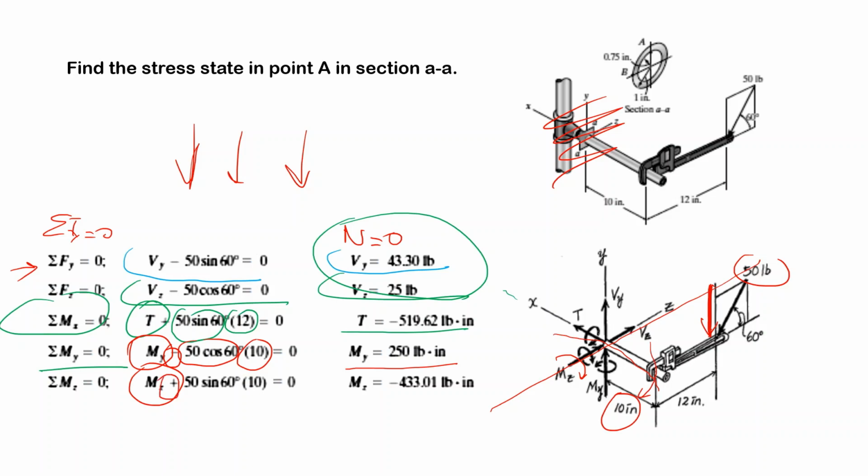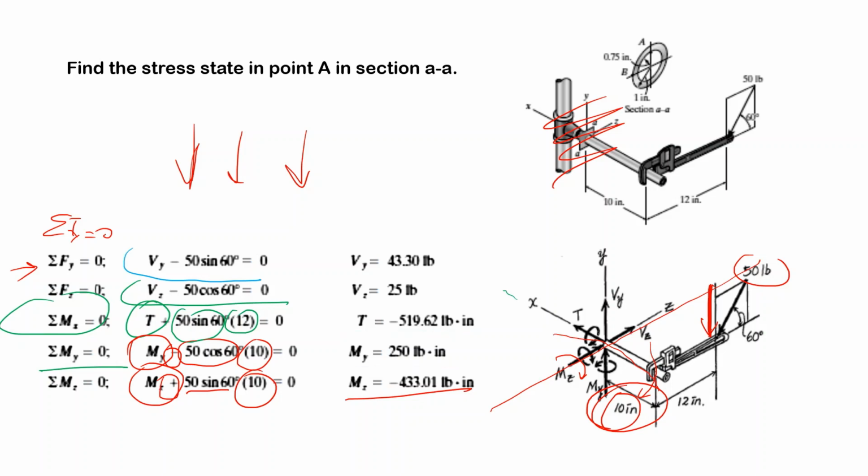So 50 times sine 60 times the moment arm 10, you can find that Mz is minus 433. As a result, we have our internal loads and internal forces acting in section AA.